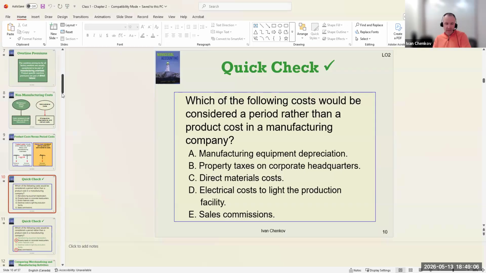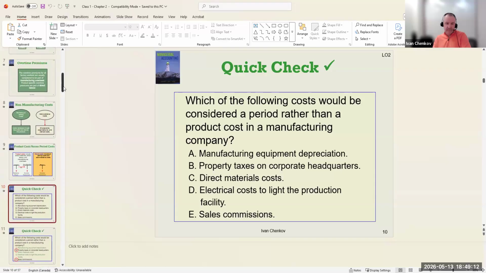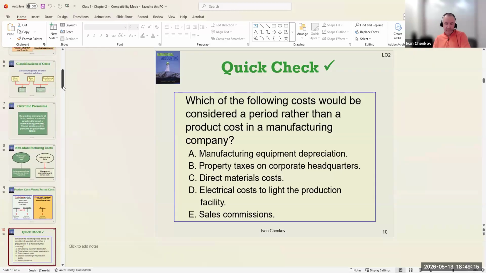How about direct material cost? Product cost. What kind of product cost is that? Direct material, direct labor, manufacturing overhead? Obviously, it says in the description, direct material.